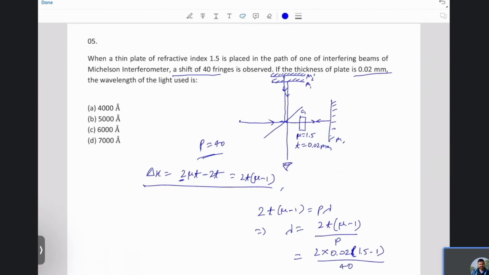So we will calculate, and we will get the answer as 5000 angstrom.